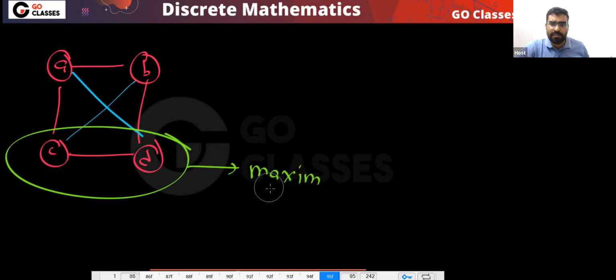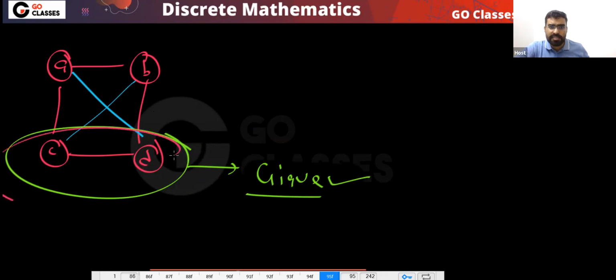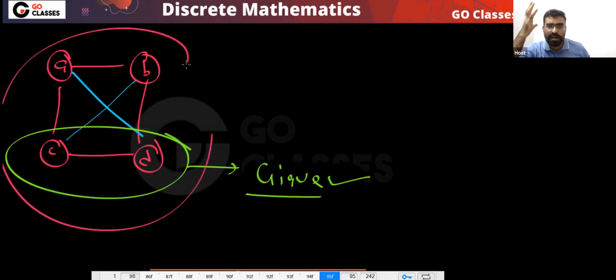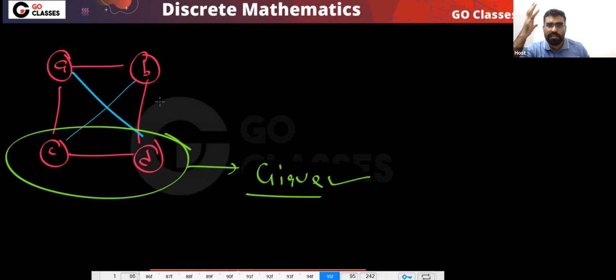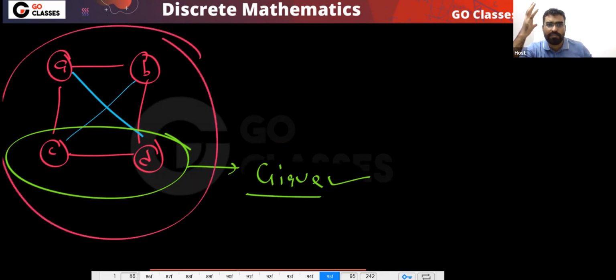No, this is not a maximal clique. But this is a clique. You can notice this is a complete subgraph. Tell me, is this contained in another larger complete subgraph? Yes, this is contained in this complete subgraph.